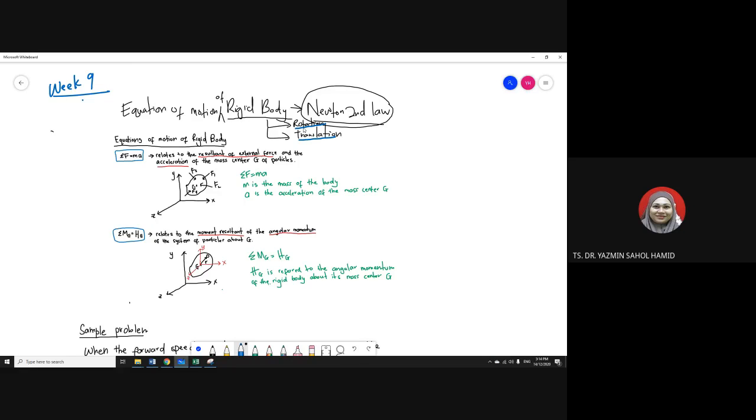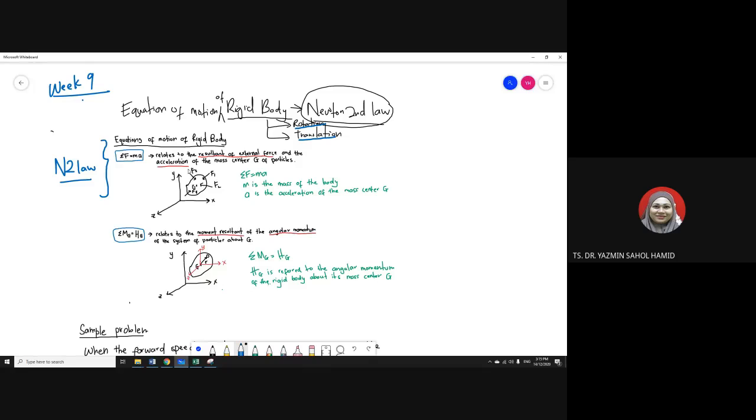The equation of a rigid body, if you're using Newton's second law, will be this first formula. Newton's second law, F equals ma. It relates the resultant of external forces and the acceleration.